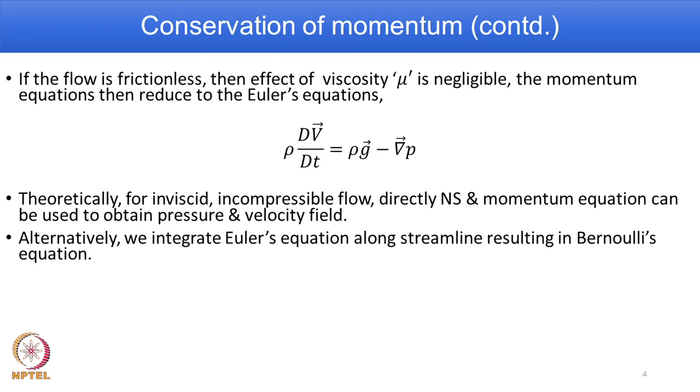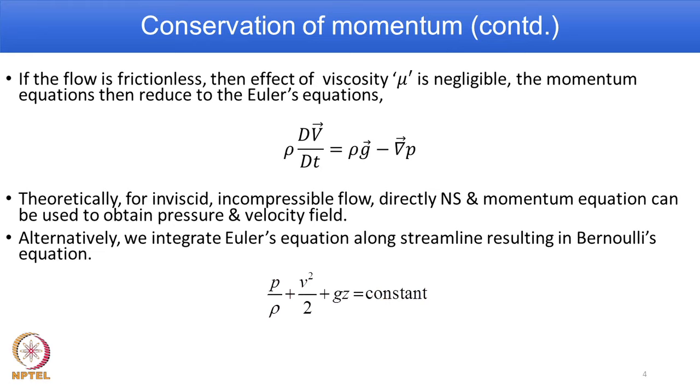You can also integrate this Euler equation along a streamline, and after some simplification it results in what is known as Bernoulli's equation, and that is given here: P by rho plus V squared by 2 plus G z equal to constant. We know Bernoulli's equation is an energy equation. So, you get a pressure energy, kinetic energy or velocity energy, and potential energy.